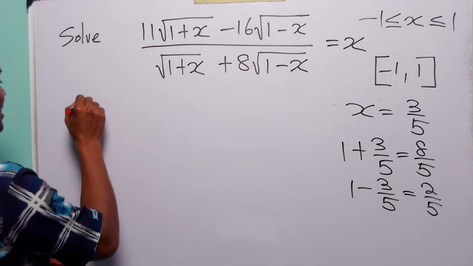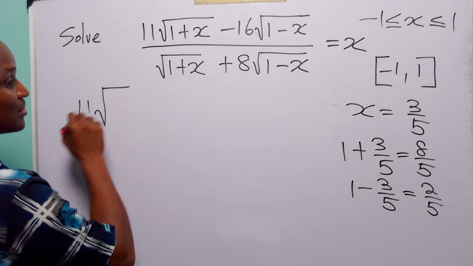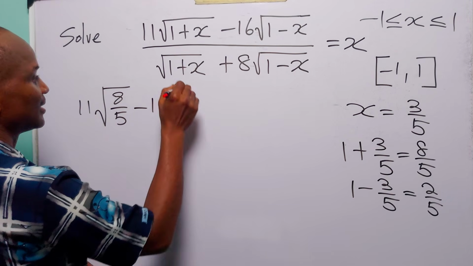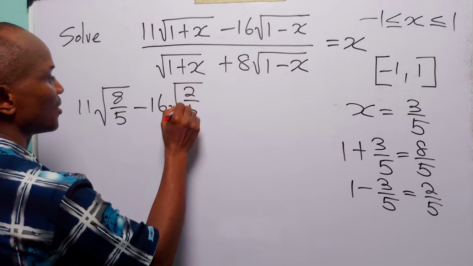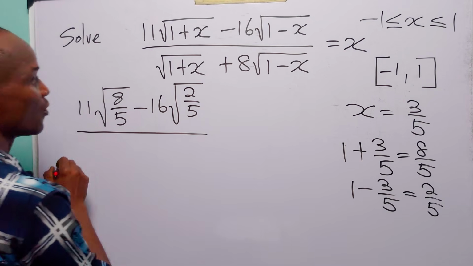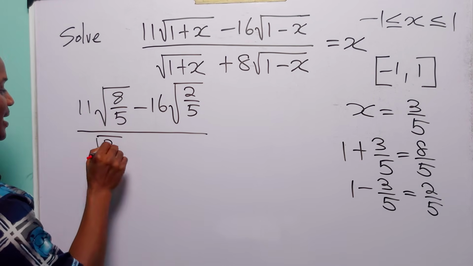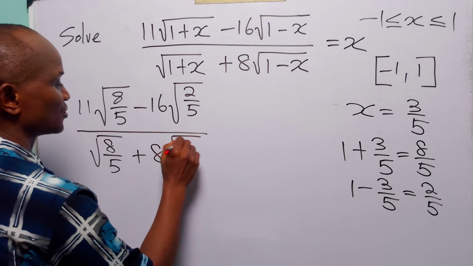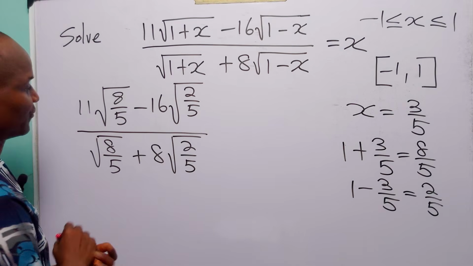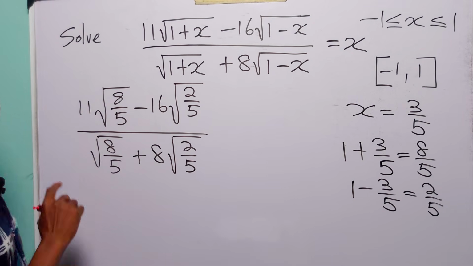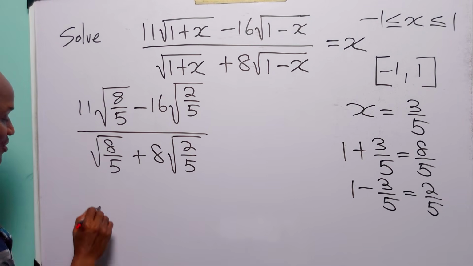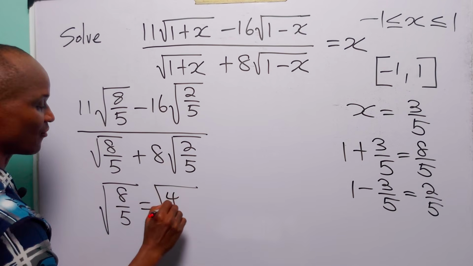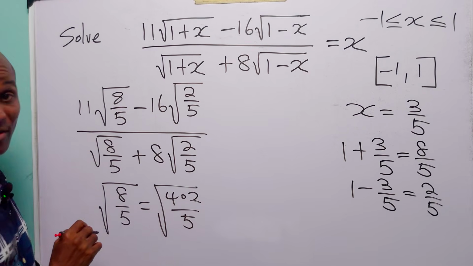Now, here we have 11 times root 8 over 5 minus 16 times root 2 over 5, over root 8 over 5 plus 8 times root 2 over 5. Now let us look at the square root of 8 over 5. Of course, you know that the square root of 8 over 5 is equal to the square root of 4 times 2 over 5.